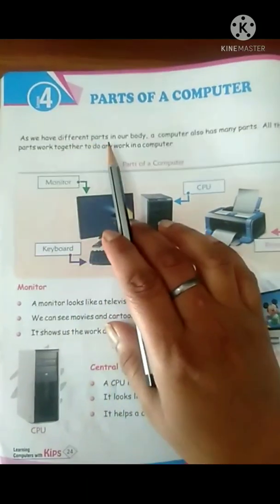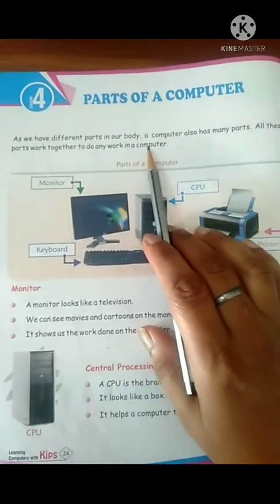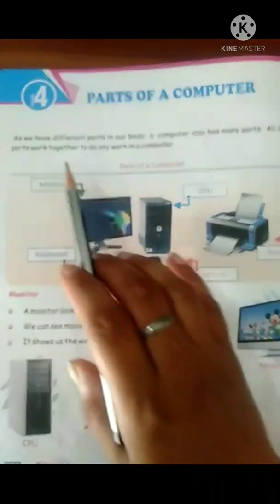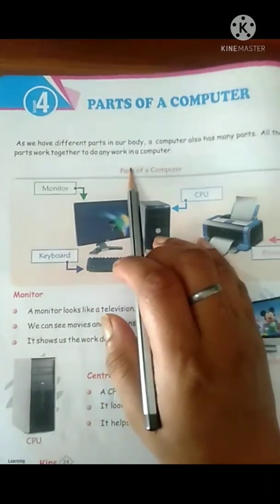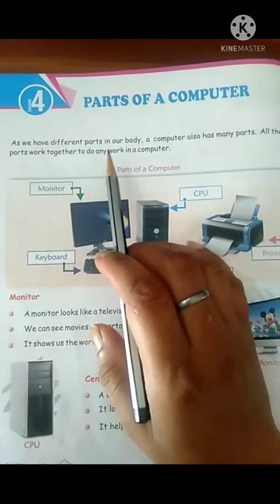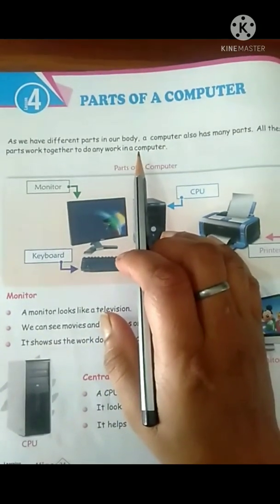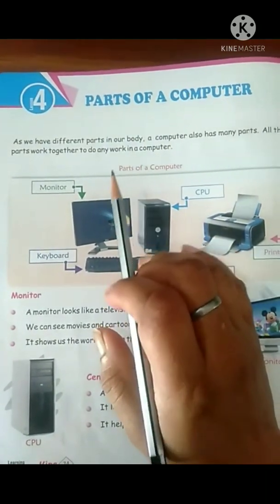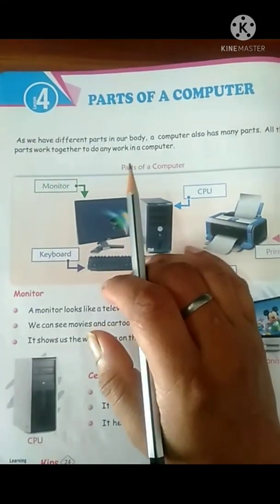As we have different parts in our body, a computer also has many parts. All these parts work together to do any work in a computer. As you know children, you have different parts in your body like hand, ears, nose, eyes, leg, stomach, hair.